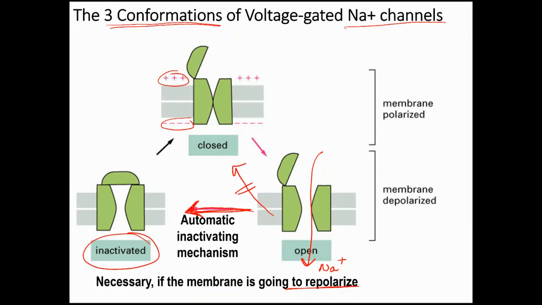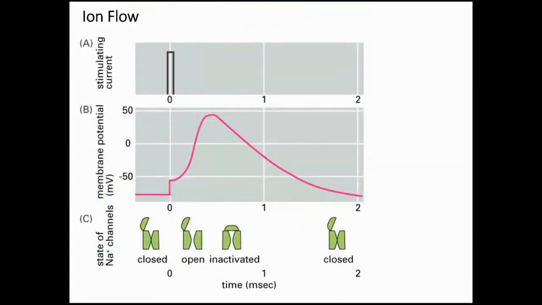It's also going to be necessary to ensure the propagation of the action potential only going forward one way and not trying to go backwards. So that's the importance of having not just an open and closed state, but three states to the voltage-gated sodium channels in the membrane of the axon.